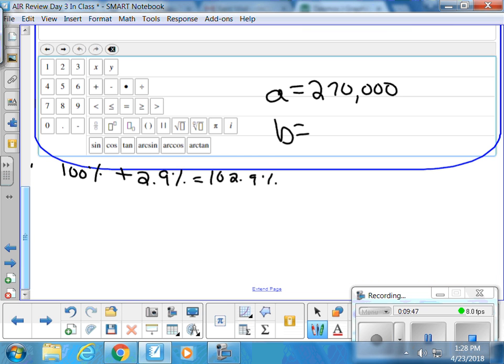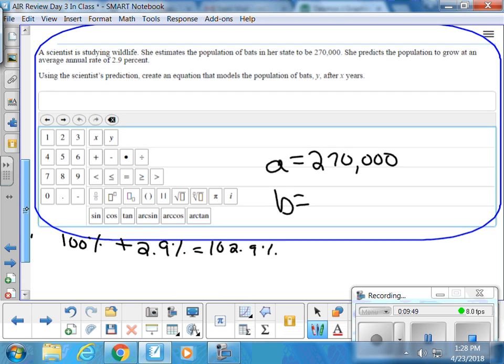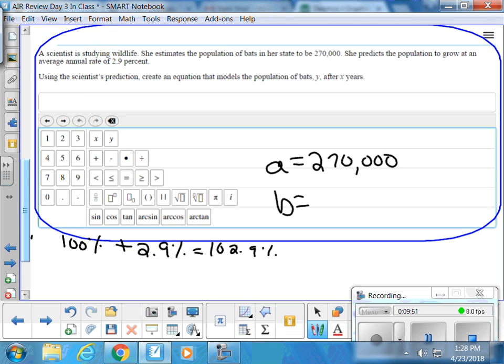What would that look like as a decimal that I could use as a growth factor? How do I turn a percentage into a decimal? Move it over twice. Yep. So 1.029. There's my b value. And now we're just going to write it as a formula. This time they said we can use x's and y's. We don't need to use n's or anything.